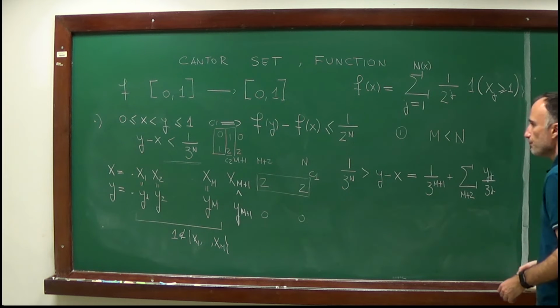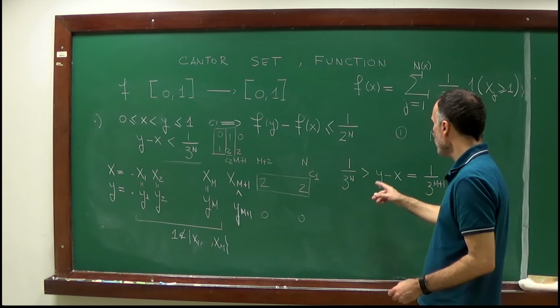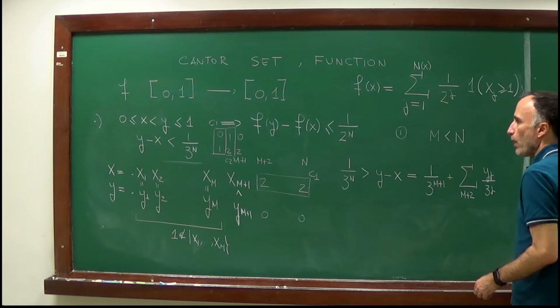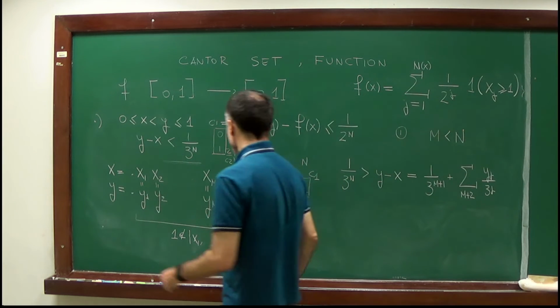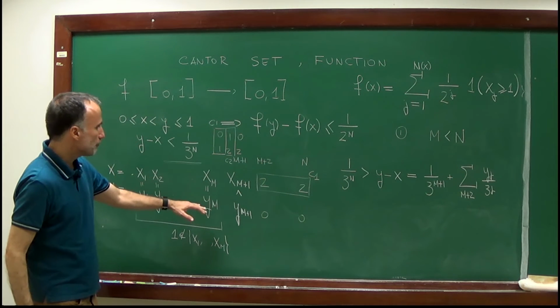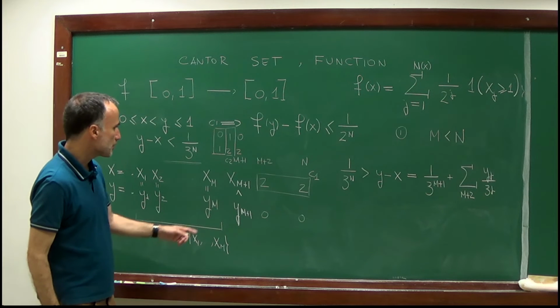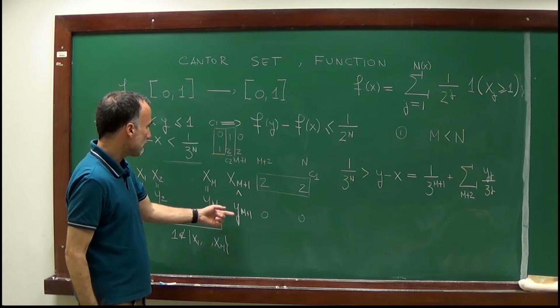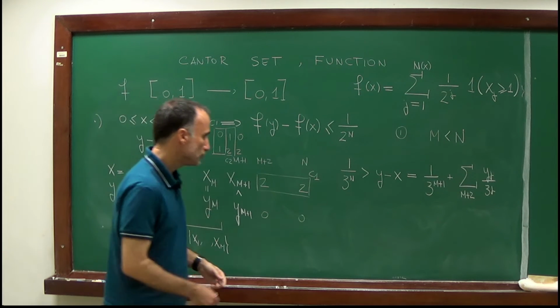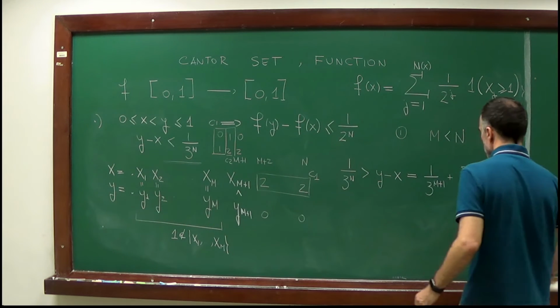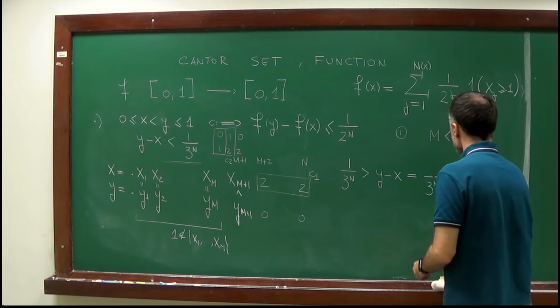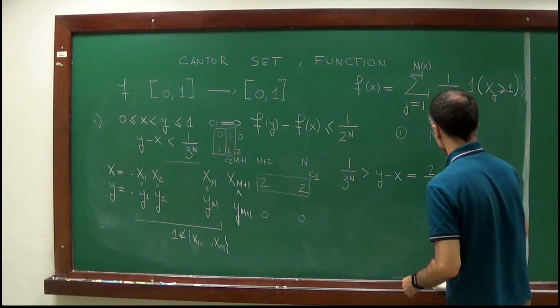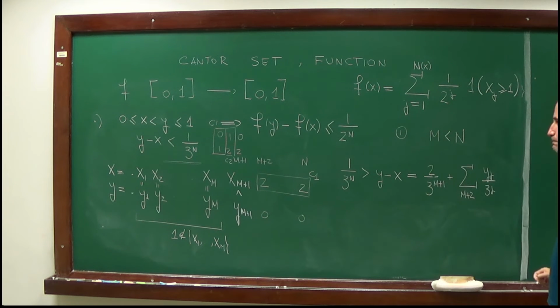Well, let's write again y minus x. The contribution of the first m terms vanishes. So for y, let's start at m plus 1. I have a 2. Then I have this sum.